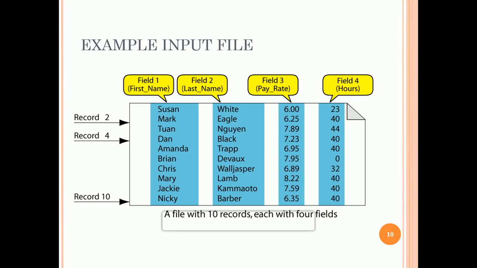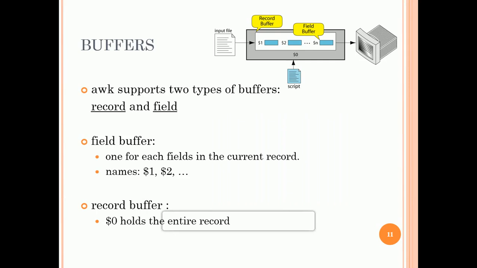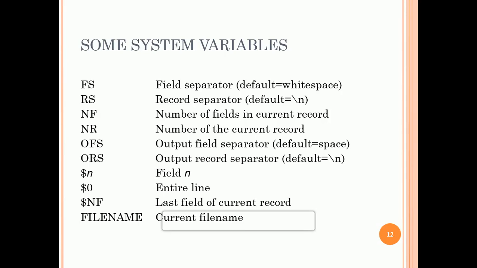These fields are assigned default names $1, $2, $3, $4. So the field buffers are $1, $2, $3, and the record buffer is $0. Whenever we are using awk, we are also going to come across some system variables.